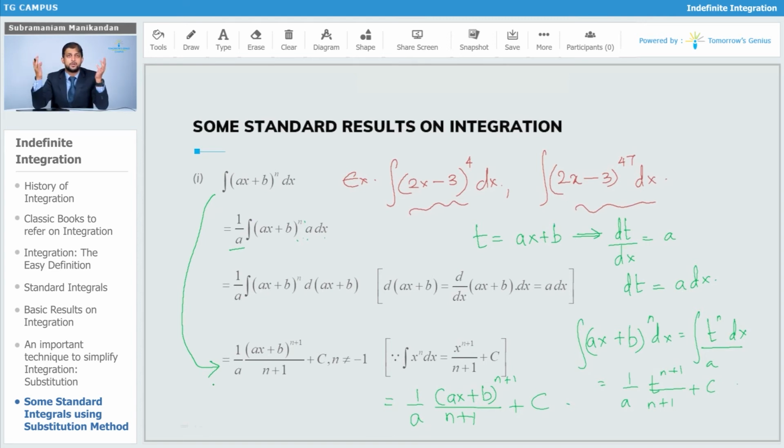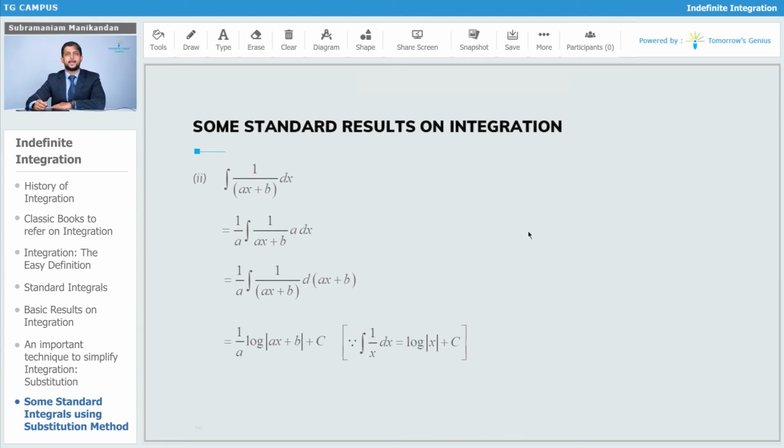Just like in the normal power rule of standard integrals, n cannot be equal to minus 1. That is, you cannot integrate 1 upon ax + b in this manner. There is a different formula for that. Apart from n equals minus 1, it can be done for any value of n.